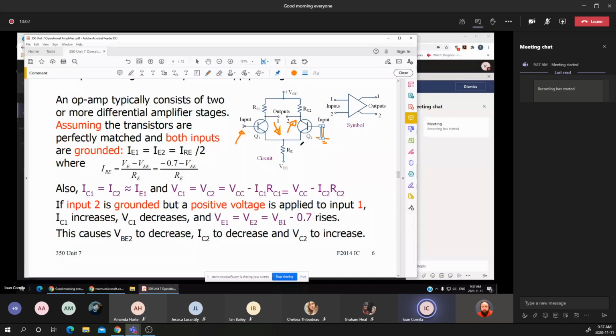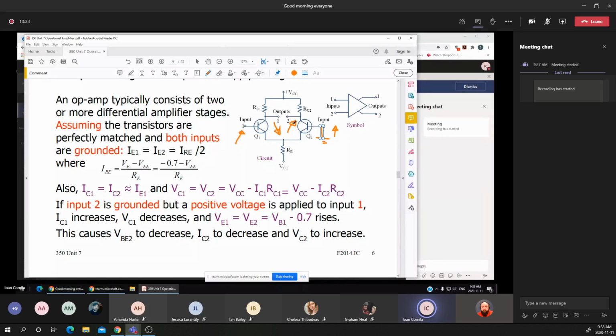Suppose I make the same assumption, but in reverse. Suppose I connect input 1 to ground and apply a positive voltage on the base of Q2. The same effect will occur on the two outputs: output 2 will decrease and output 1 will increase.